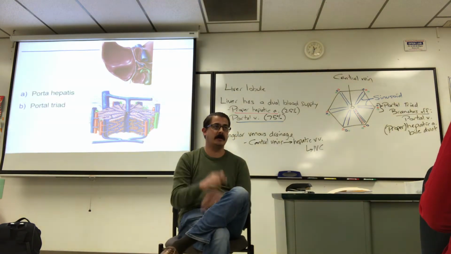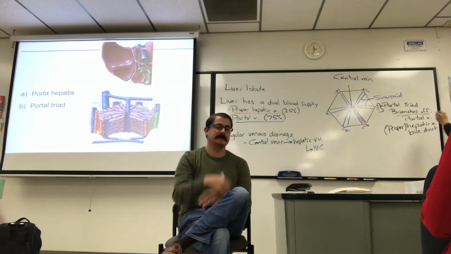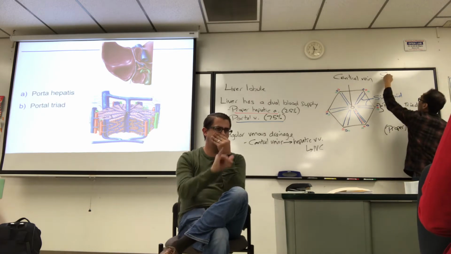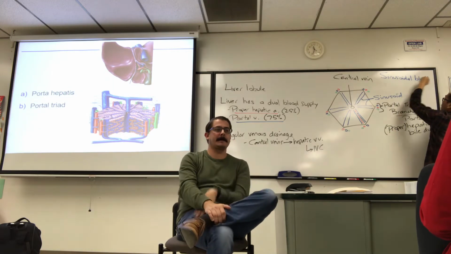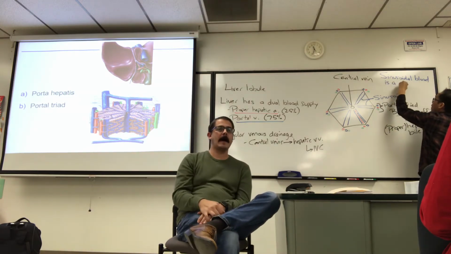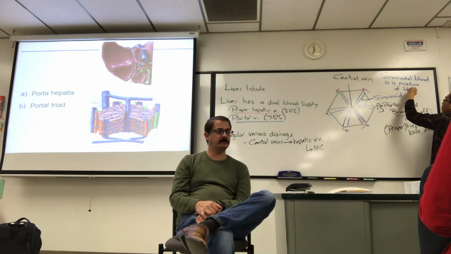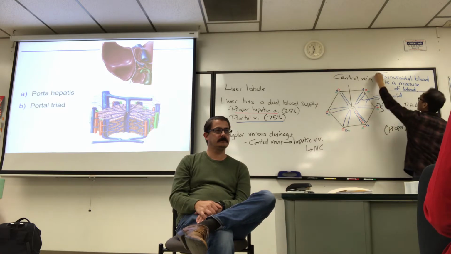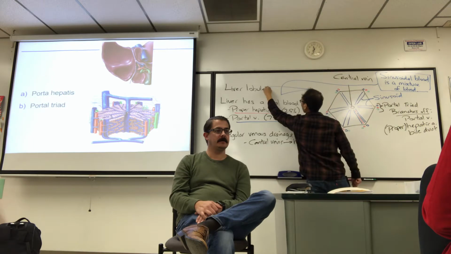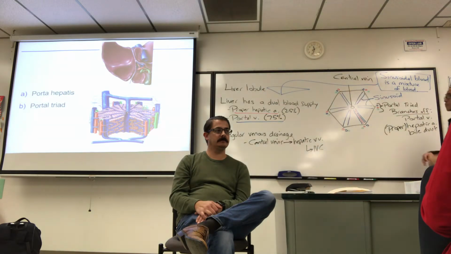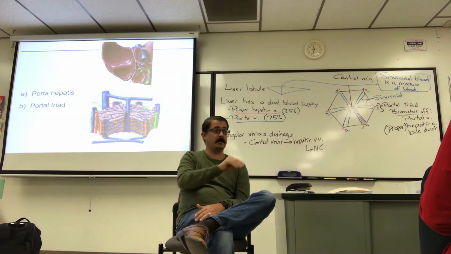All right, so sinusoidal blood is a mixture of those two things. Okay, so associate this note with this. So now you know what's in the mix. It's 75-25, portal blood to oxygen-rich blood.